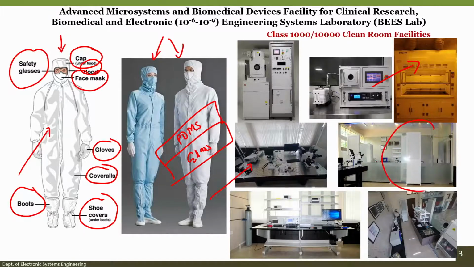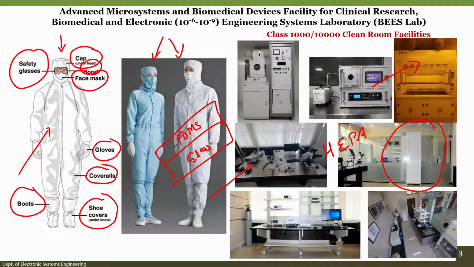This one is a HEPA filter, HEPA, high efficiency particulate air. These filters are used for filtering out the particles in the lab and to conserve the environment within the laboratory.